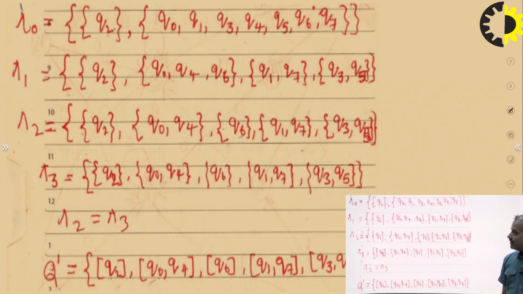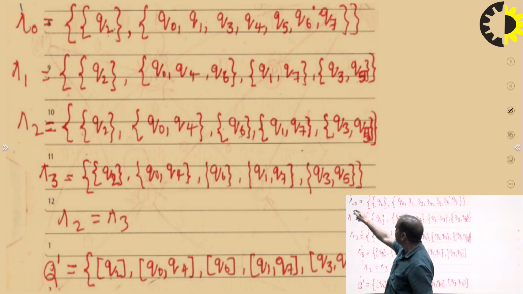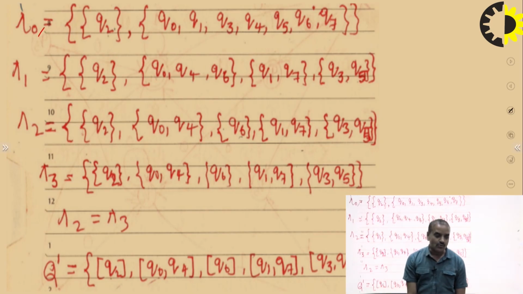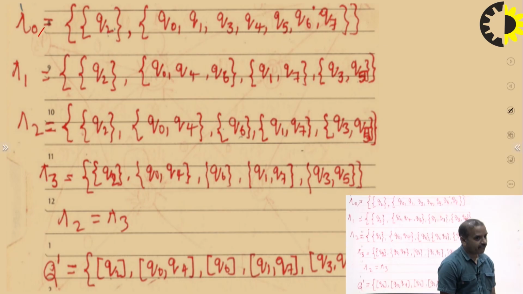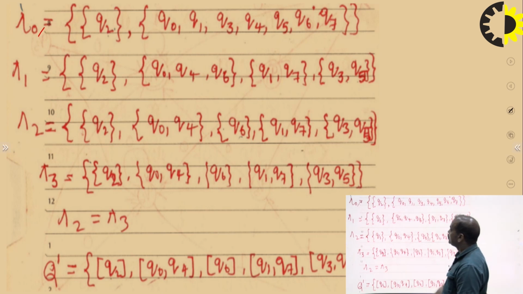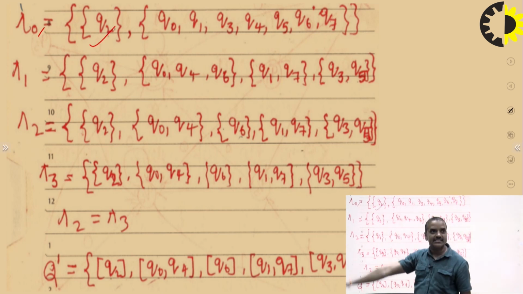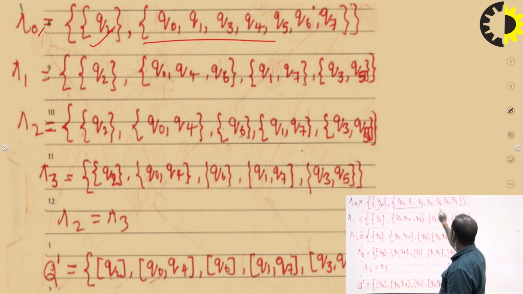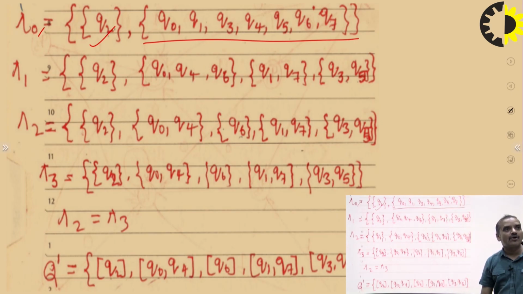Now we use the equivalence method. First, we write pi 0. In pi 0, we separate final and non-final states. Q2 is the final state and the remaining states are non-final.